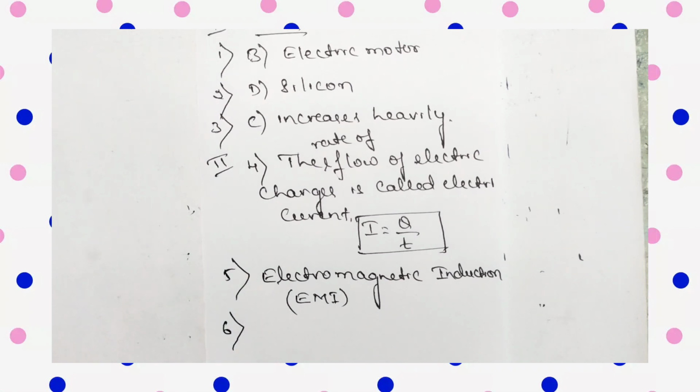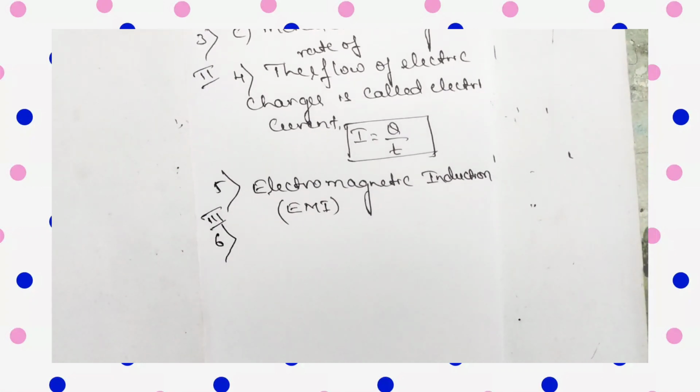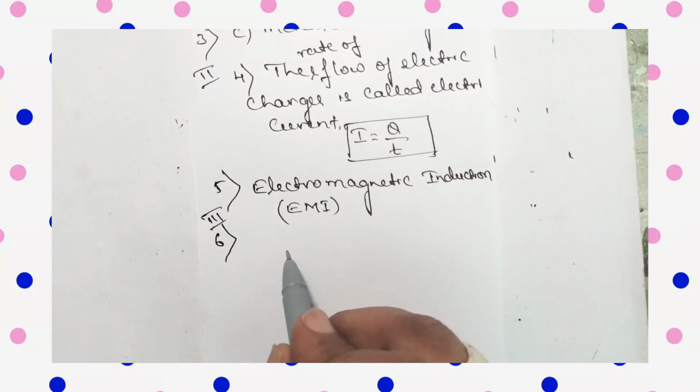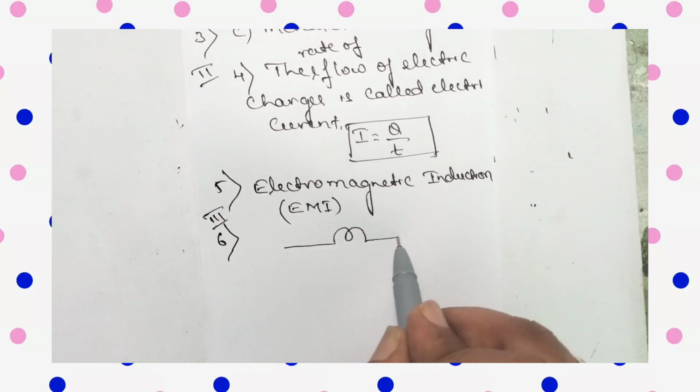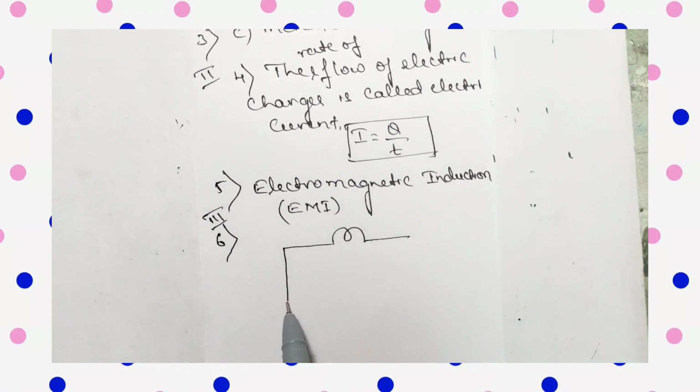Now let us move to the sixth one, that is the third main question, a 2 marks question. Draw the schematic diagram of an electric circuit comprising electric cell, bulb, ammeter and plug key. So this is the bulb, and this is a cell, electric cell, with positive terminal and negative terminal.